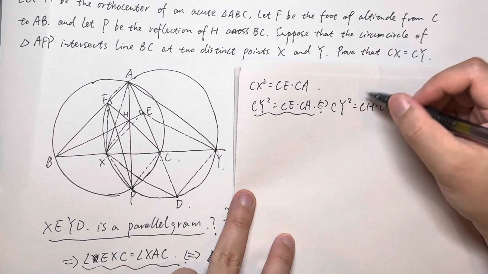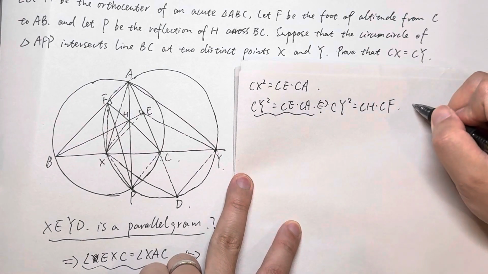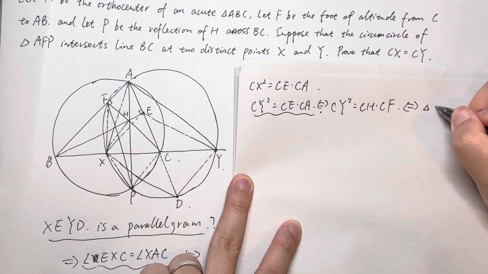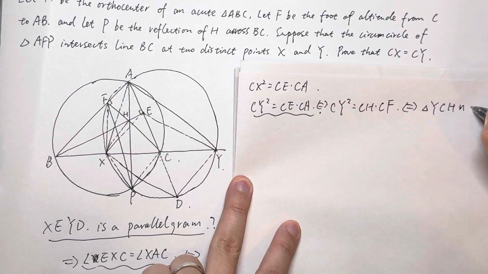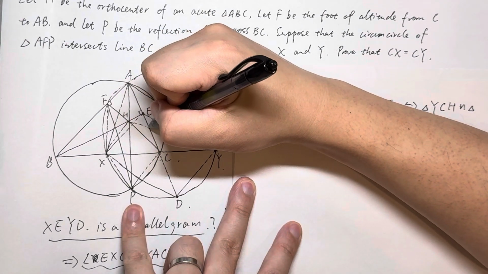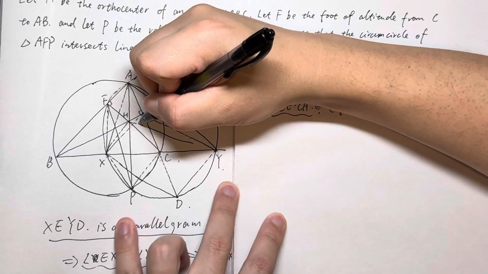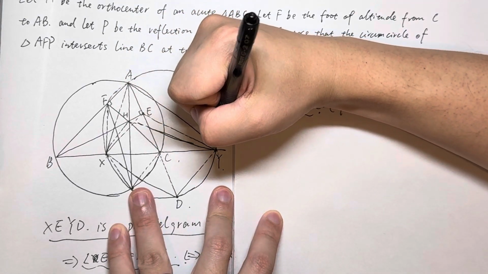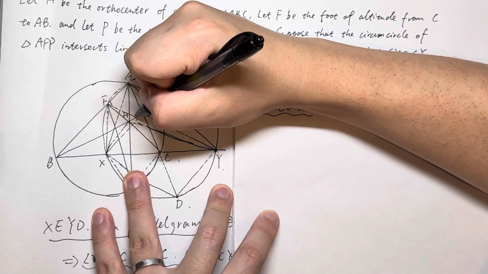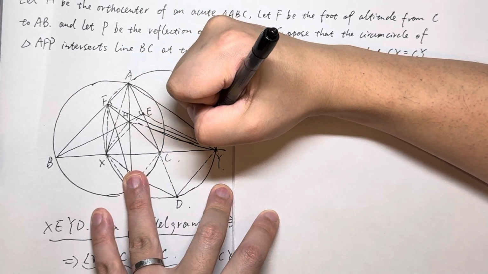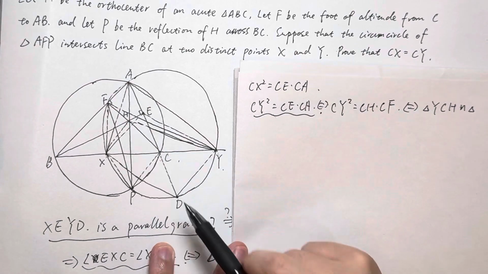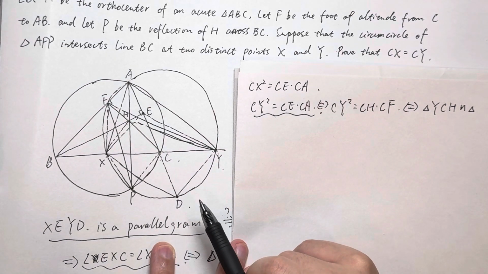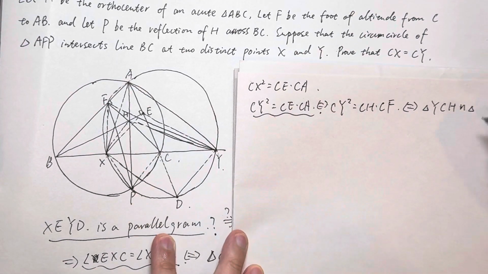right? Which means we just need to prove that triangle YCH is similar to triangle FCY.